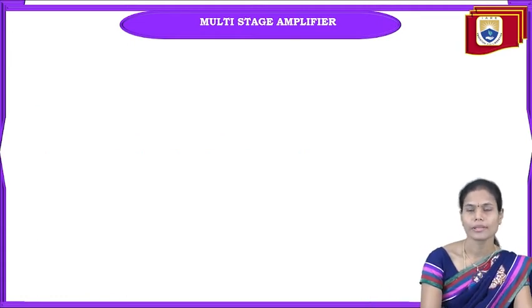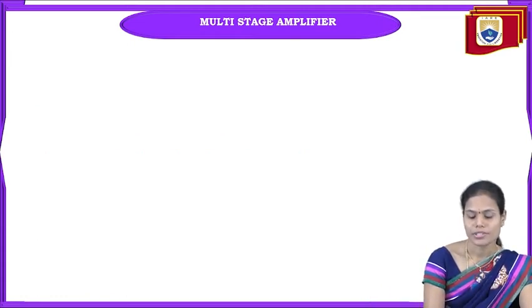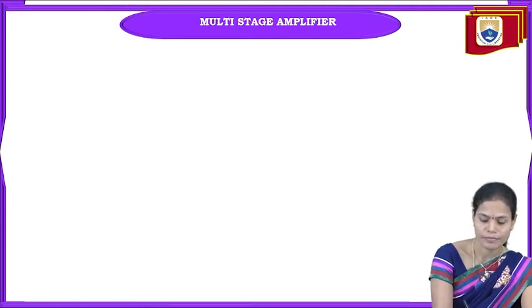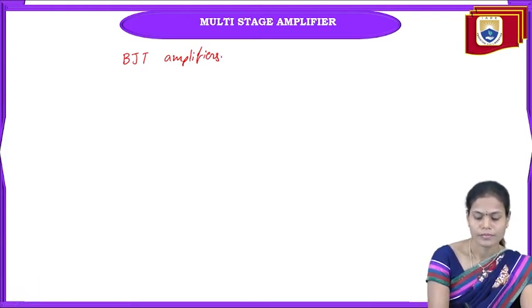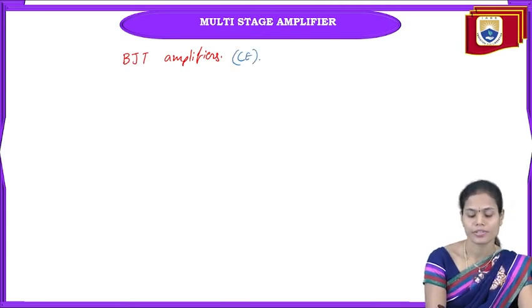For example, to make the multi-stage amplifier, I am considering two single stage BJT amplifiers, and these two are in common emitter configuration.